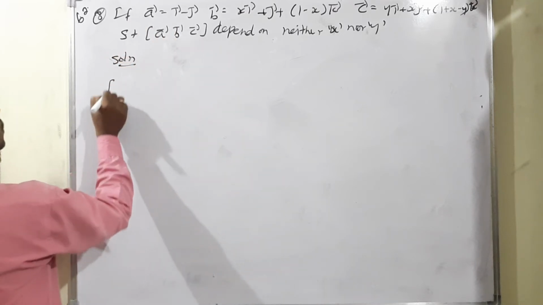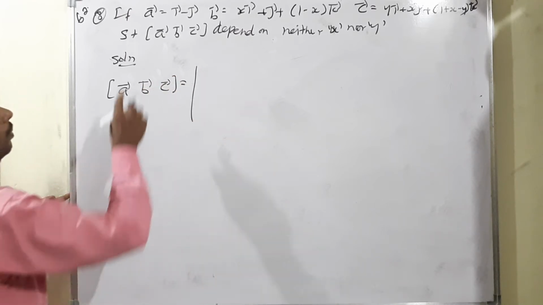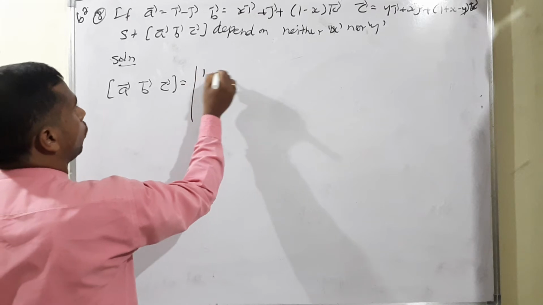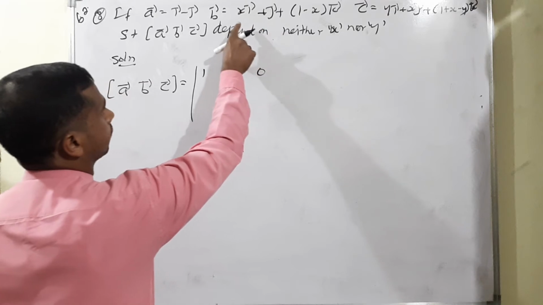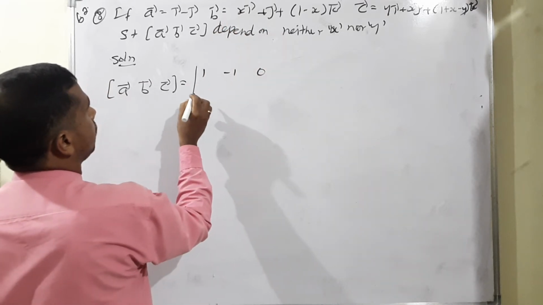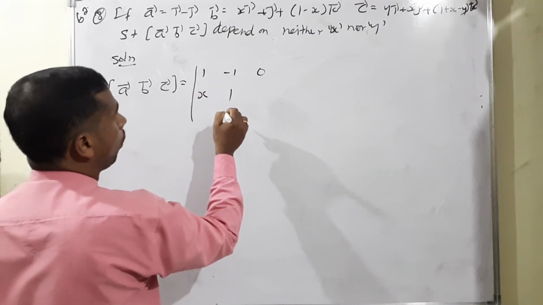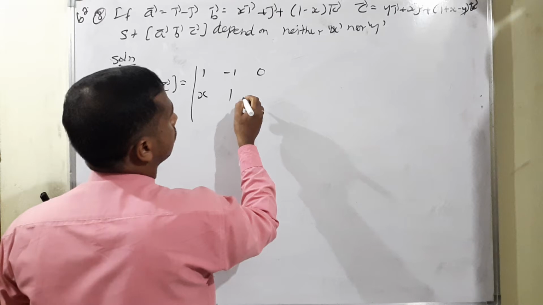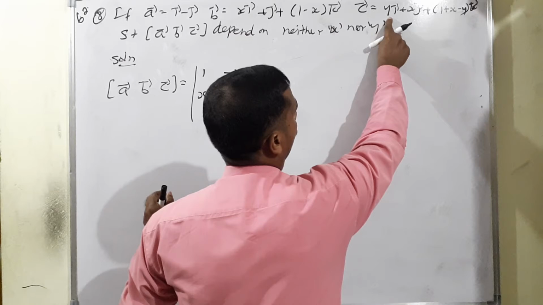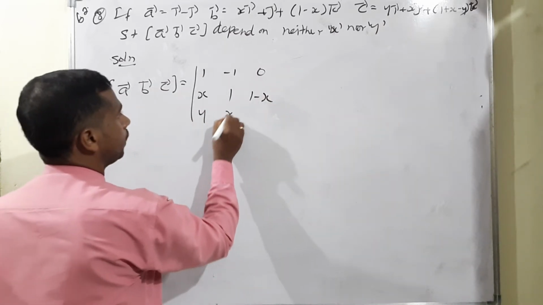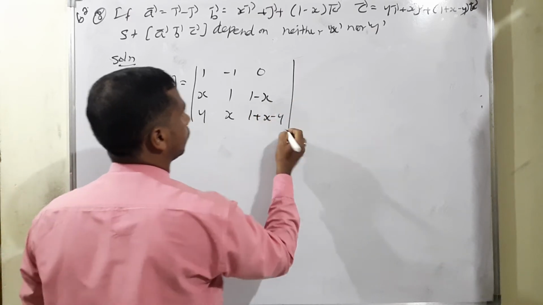Solution. The box product of vectors A, B, C is equal to the determinant. A vector is i minus j, so 1, minus 1, 0. Then B vector is x i and j, so x for i, then 1 for j, then 1 minus x for k. Then the next row is y, x, and 1 plus x minus y.